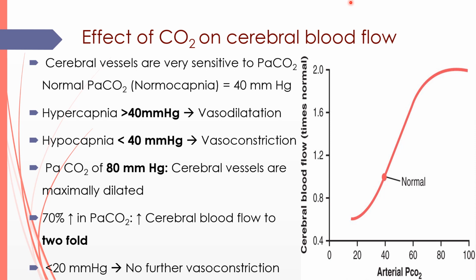Even a 1 millimeter of mercury rise in the partial pressure of carbon dioxide increases the cerebral blood flow by 3 milliliter per 100 gram per minute, and a decrease of 1 millimeter of mercury decreases the cerebral blood flow by 1.5 ml per 100 gram per minute.